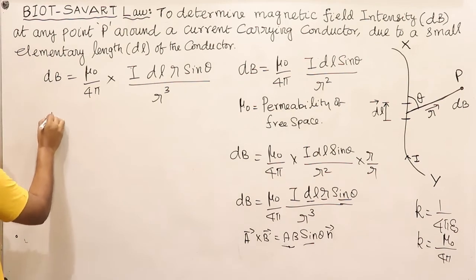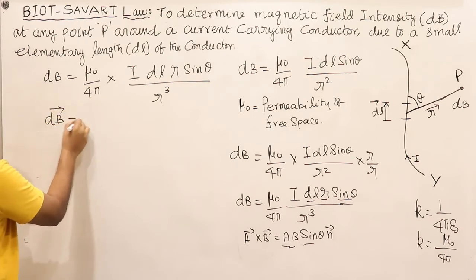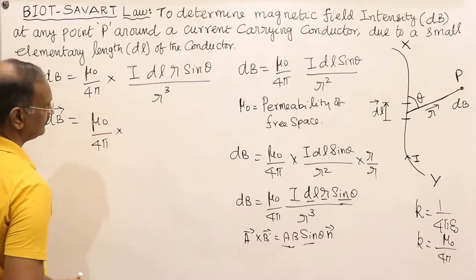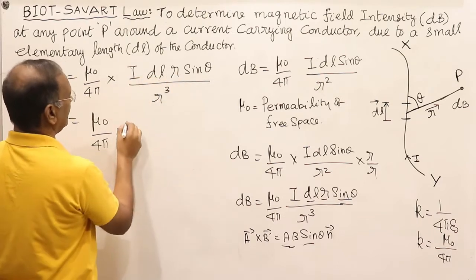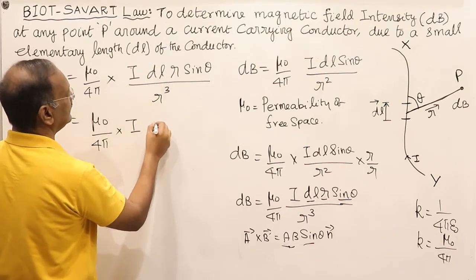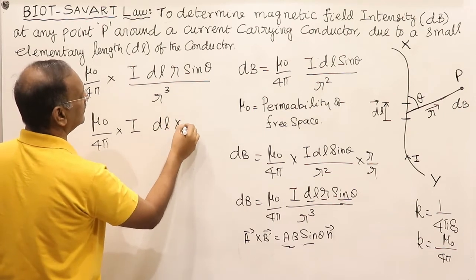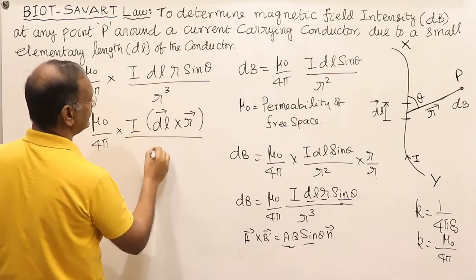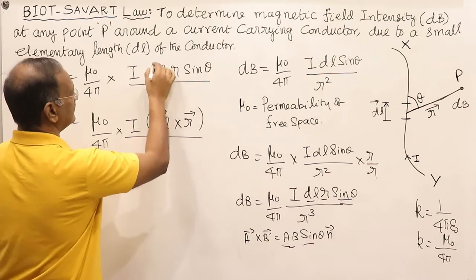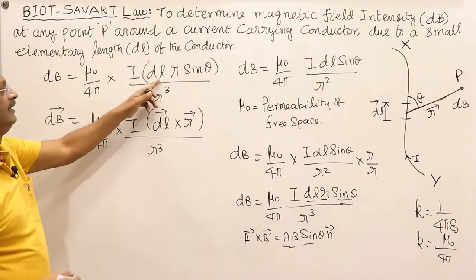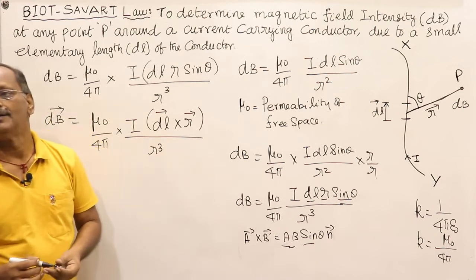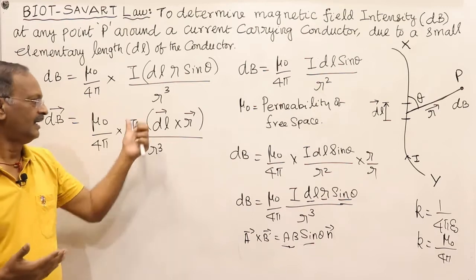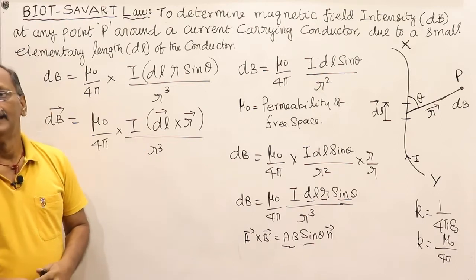So in vector form, we can write dB vector is equal to mu naught by 4 pi into, I is out because it is a scalar quantity, into dl vector cross producted with the r vector, divided by r cube, because this portion has a vector, b vector, and the sine of the angle between them. This is in the vector form.